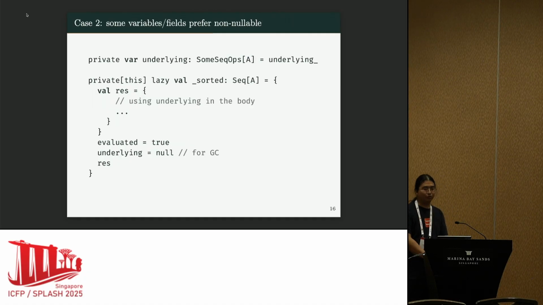Another case where we want to keep the original type is something like this. If you have a field which is initialized to some value and you work with it for some period, and after that, for example in this case after evaluation, you assign it to null for garbage collection. Of course, you can say the underlying field should have the nullable option because you are assigning a null value to the field.